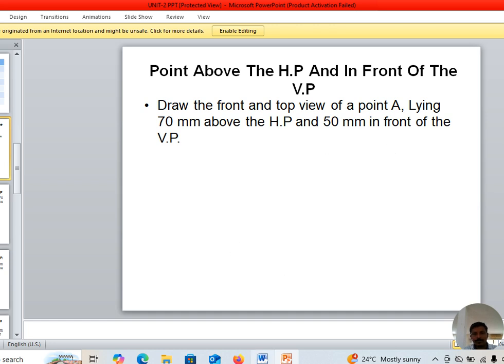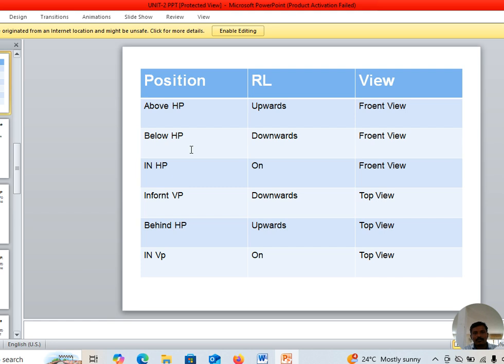In front means the downward direction from the reference line. The top view is represented below the HP, and the front view above the HP.